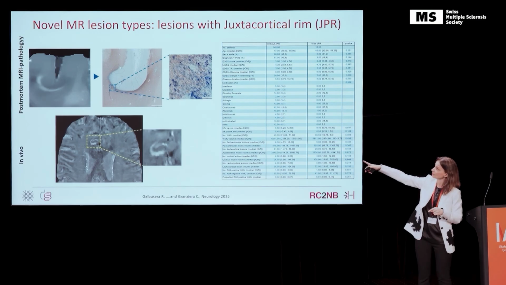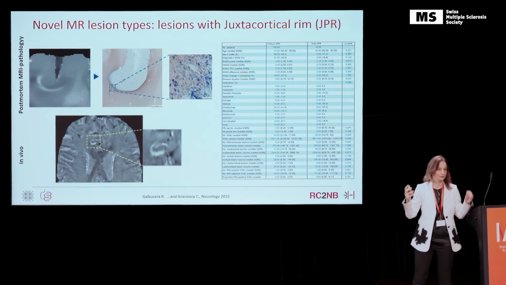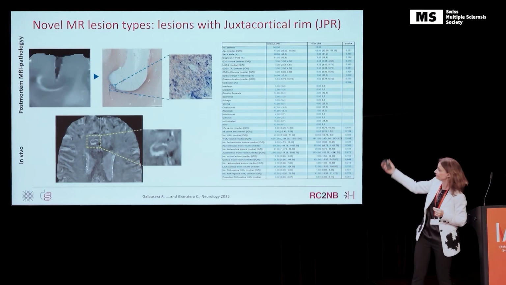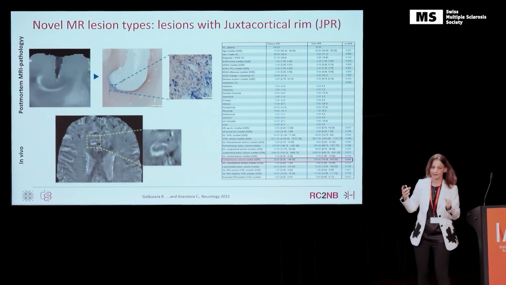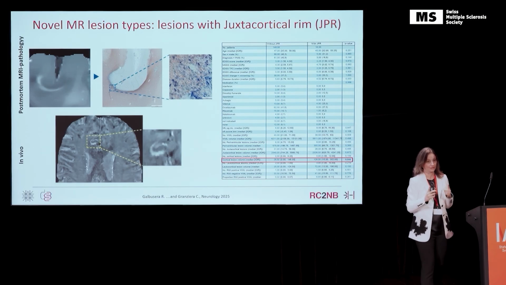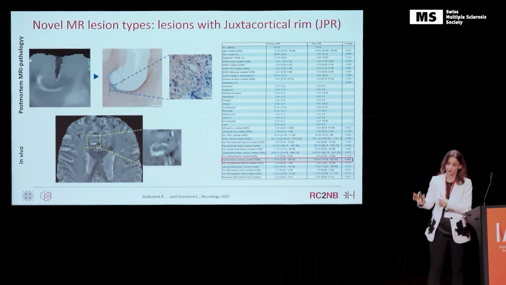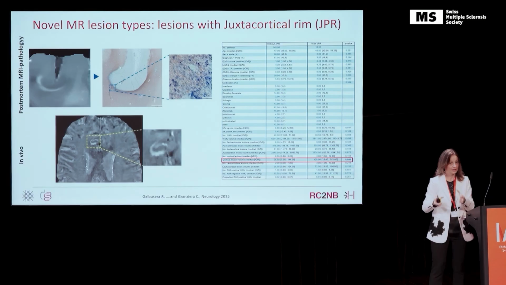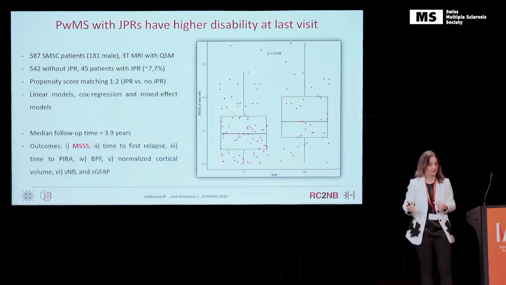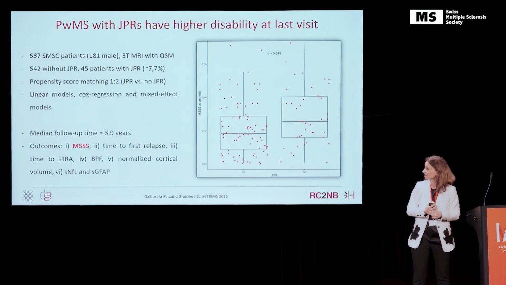Then he went to the Swiss MS cohort, he saw this sign that he called GPR, also in vivo, and then he did all this very complicated stuff to say that there was a correlation between the presence of this sign and cortical lesions, which is important for us because we know that cortical focal pathology is related to clinical worsening. And again, unpublished data, but there was an oral presentation at ACTRIMS.